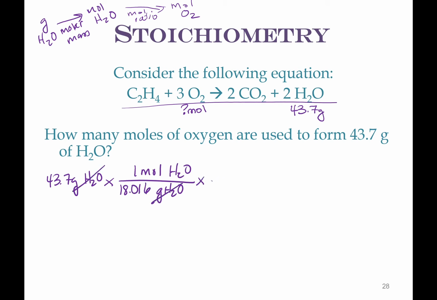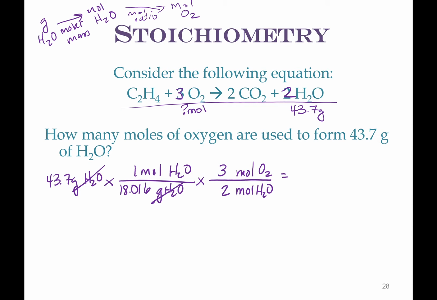I need to go now from moles of water to moles of oxygen. So looking at the balanced equation, that is a 2 and that is a 3. So the 2 goes with water and the 3 goes with oxygen.